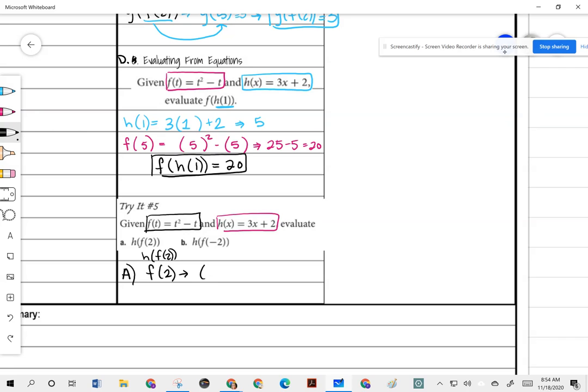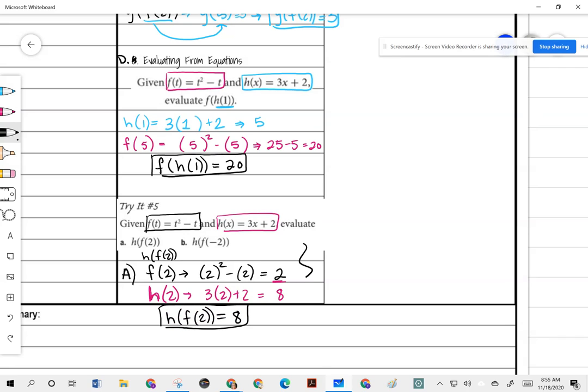So f of 2, it's going to be 2 squared minus 2, and that's going to give you 2, which means now you plug that 2 into the function h, 3 times 2 plus 2, and that is going to give you 8. So just to recap then, your function h of f of 2 is equal to 8.